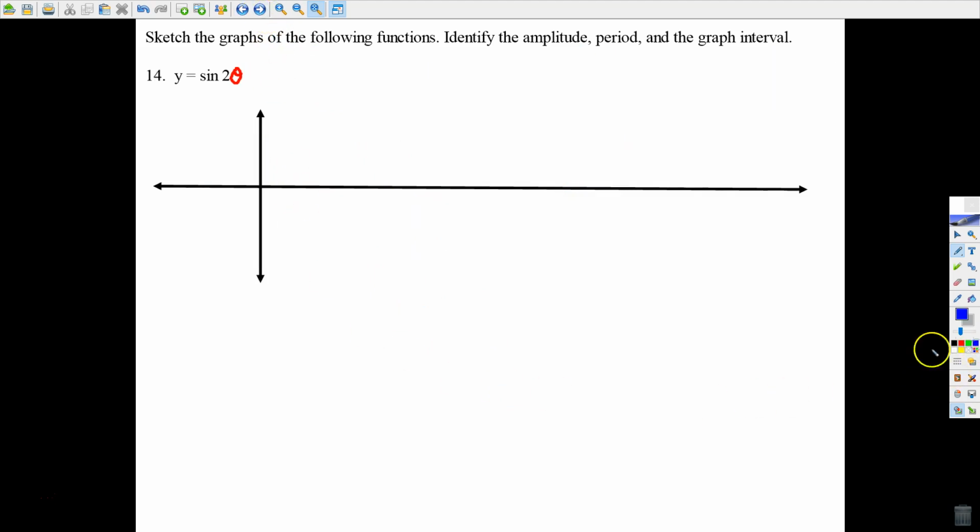Number 14, similar type problem. This time the amplitude is 1. It's understood to be 1 multiplied in front of sine. So we'll do 1 on the top and negative 1 on the bottom. The period will be 360 degrees divided by, in this case, 2, which is 180 degrees.